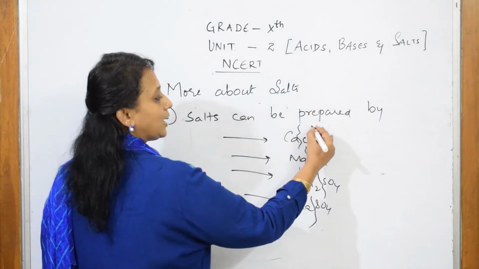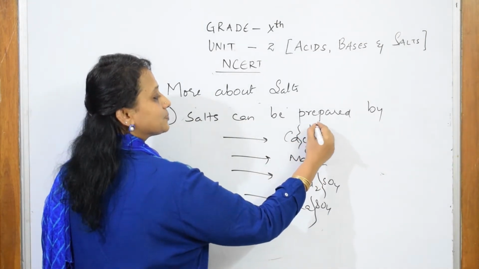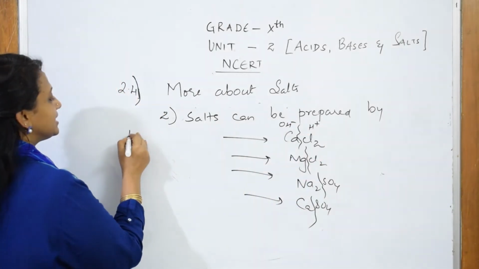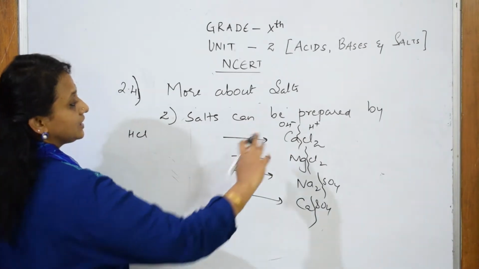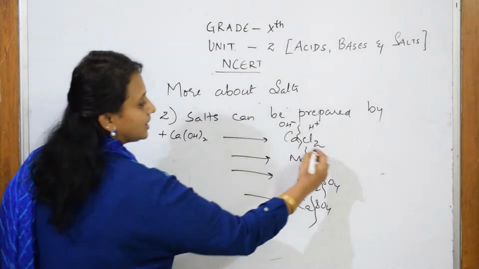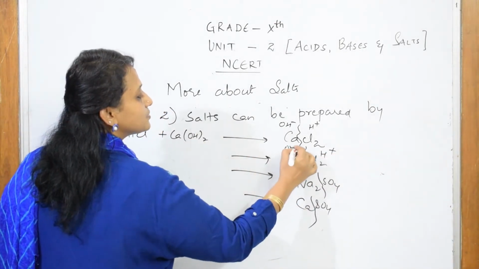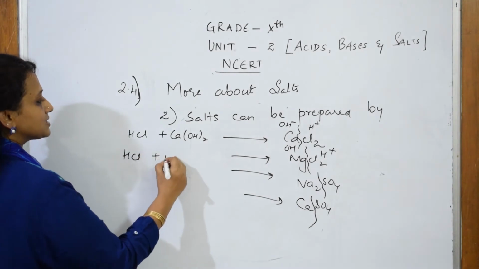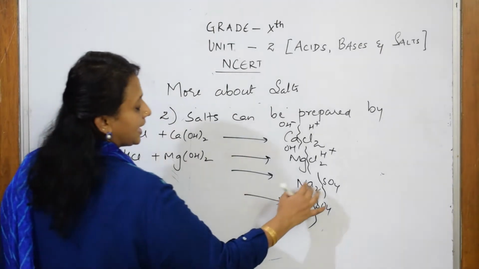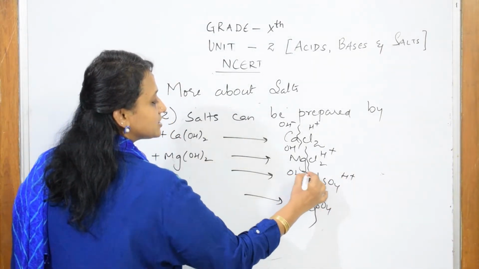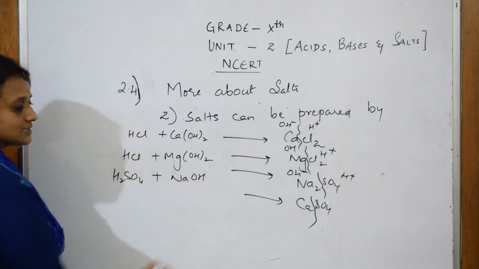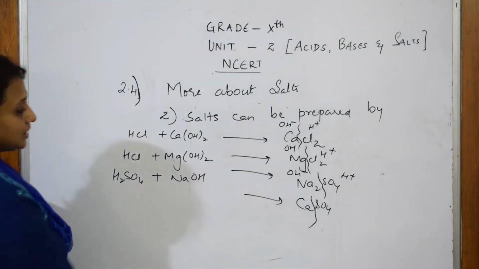So what you do is add H plus to the anion part and OH minus to the metal part, everywhere. So the first one, what do you get? HCl. Okay, 2 HCl, that's different. Next comes calcium hydroxide. See here, one acid and a base. Again add H plus here, OH minus here. So HCl plus magnesium hydroxide. These are the parent compounds. Next, add H plus here, OH minus here. So H2SO4 plus NaOH are the parent acid and base. Here, same.